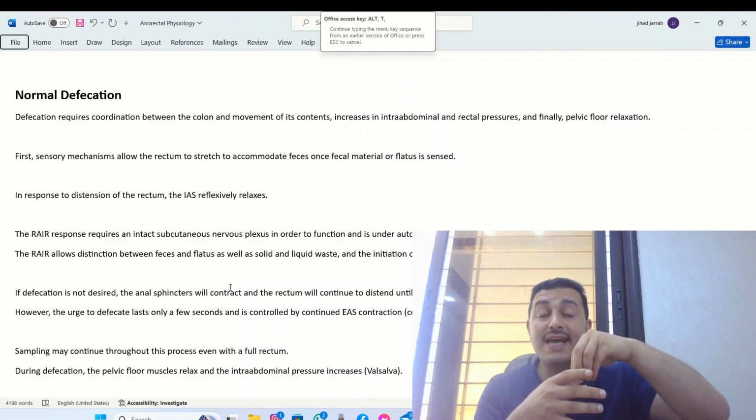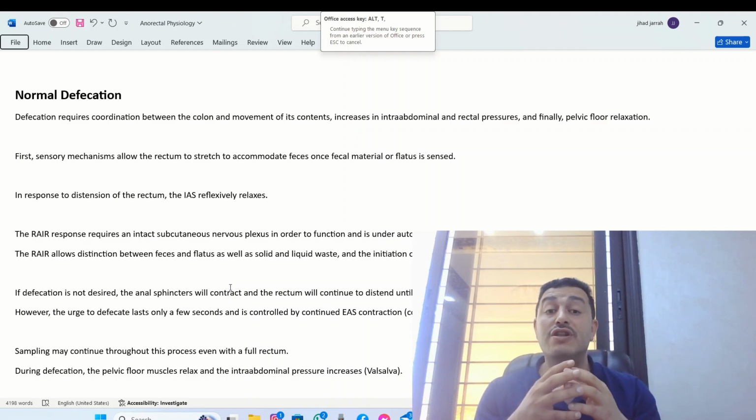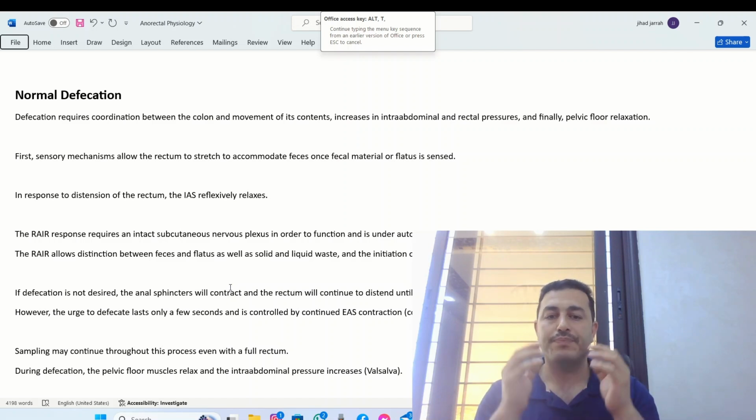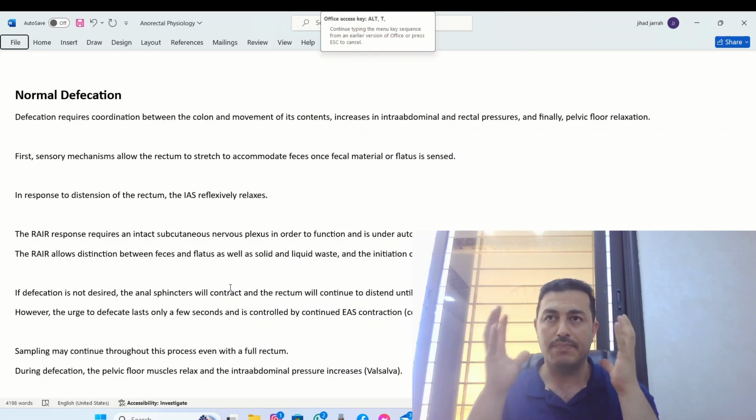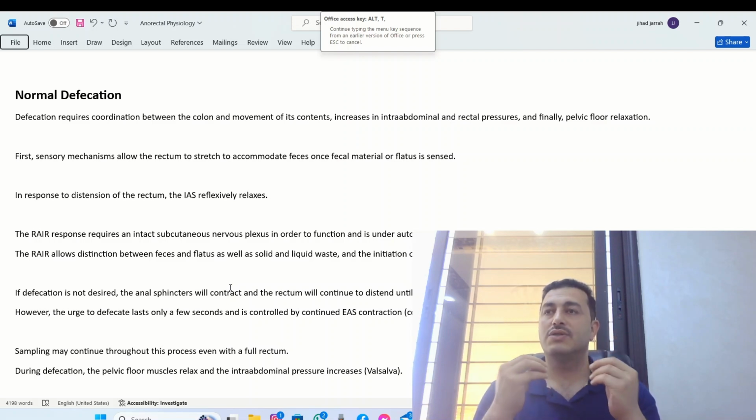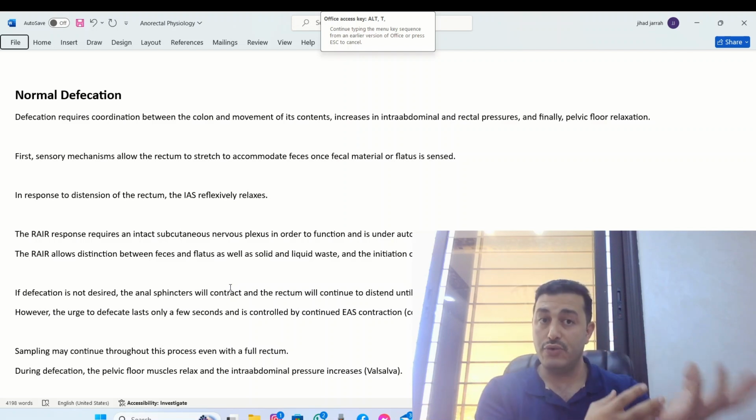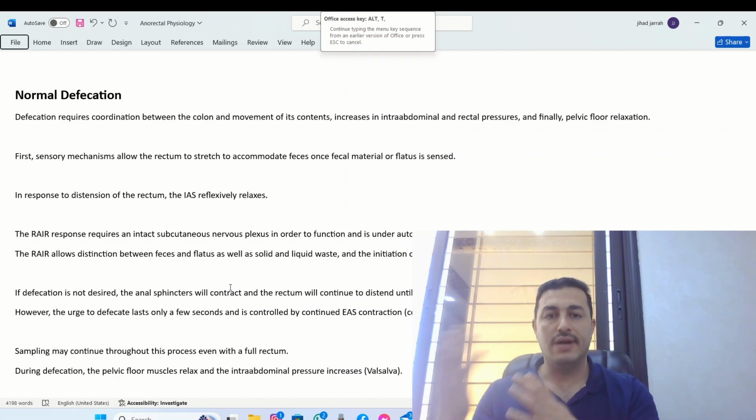So stool can start to reach the proximal anal canal, but it contracts the external anal sphincter. At this level, we have what we call conscious suppression. Is it socially acceptable to go to the bathroom or not?